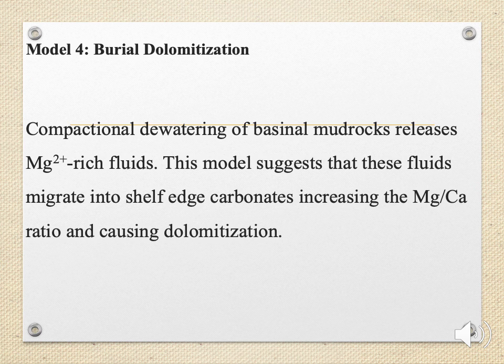The fourth model is the burial dolomitization. Now, here we have compactional dewatering of basinal mud rocks, and these release magnesium-rich fluids. This model suggests that these fluids migrate into shelf-edge carbonates, increasing the magnesium calcium ratio, and this causes dolomitization.